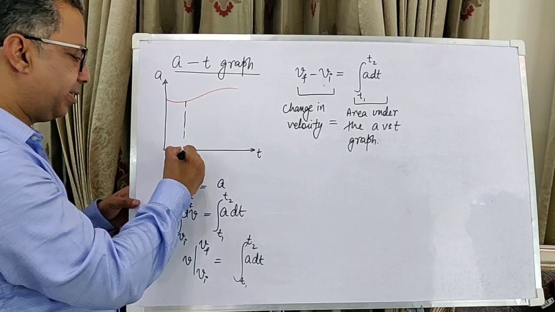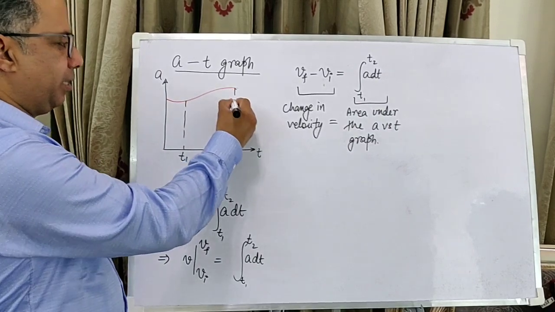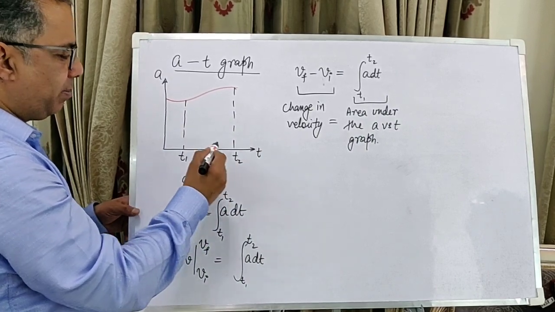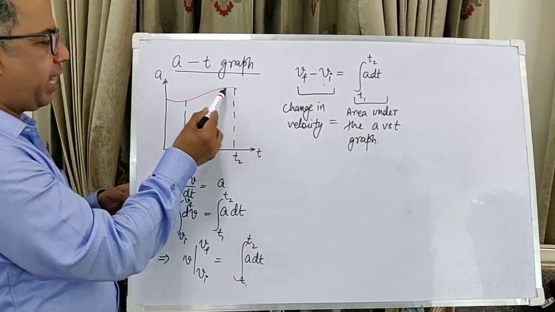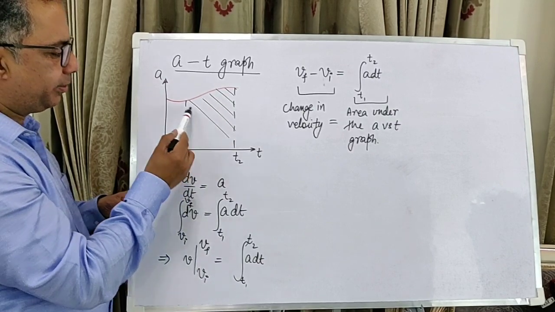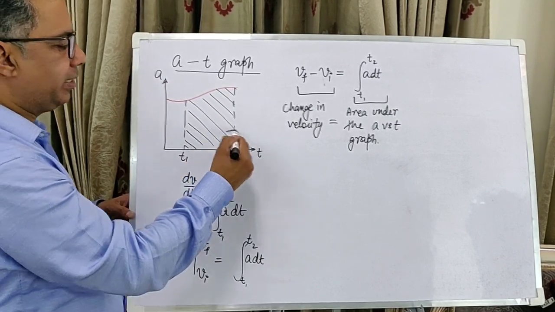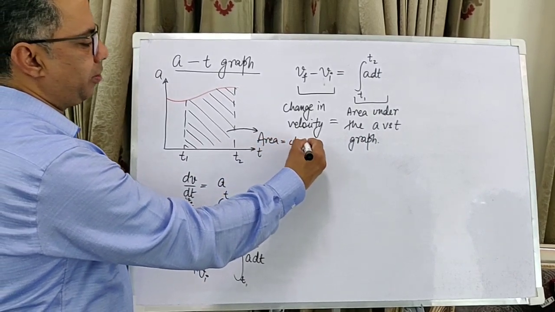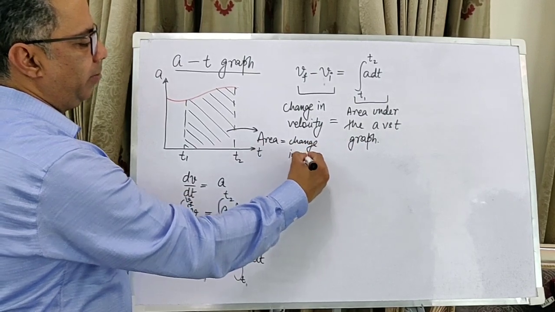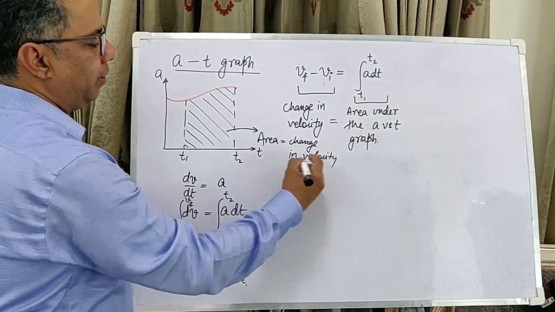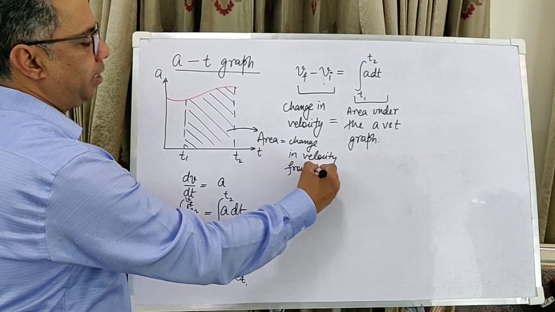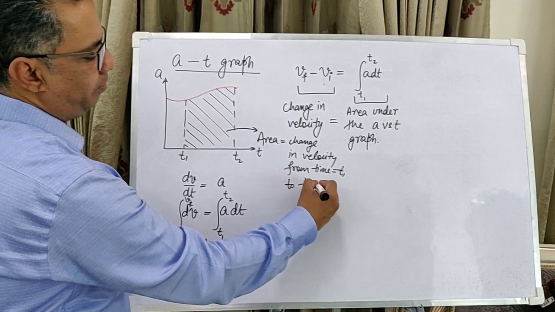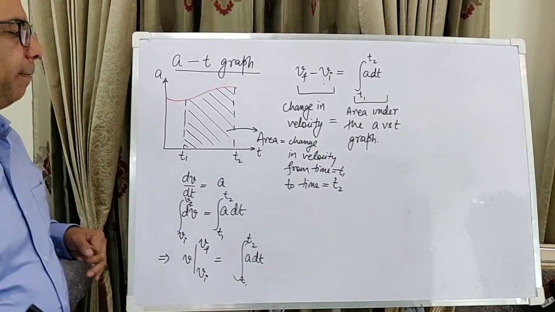So let's say this is time t1, this is time t2. During this interval from time t1 to time t2, if we calculate this area under the graph, this area equals change in velocity from time equal to t1 to time equal to t2.